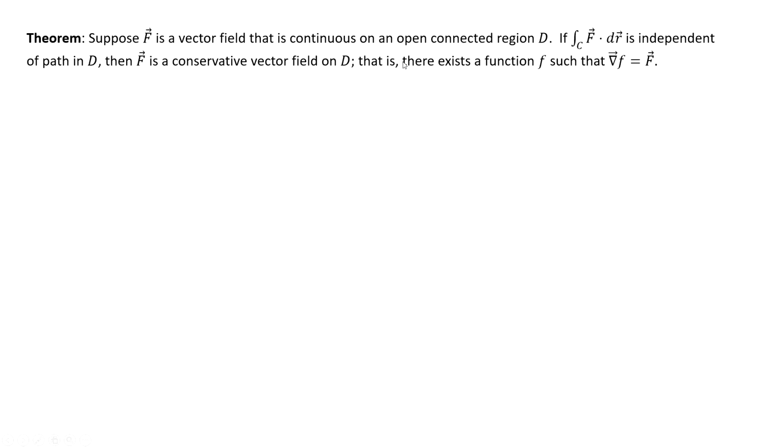That is, there exists a function lowercase f such that del f is equal to uppercase F. Okay, let's focus on this one. If F is a conservative vector field, then you are guaranteed the existence of a lowercase f such that del f is equal to F.